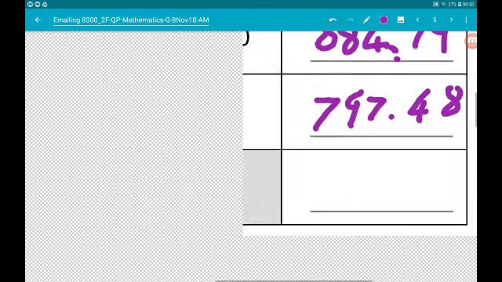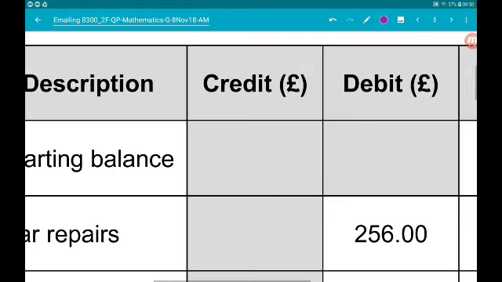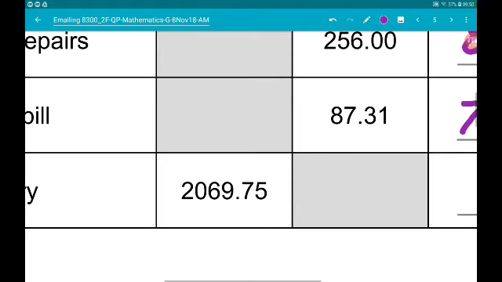And then the last thing, we've got a credit of £2,069.75, and that is our salary.